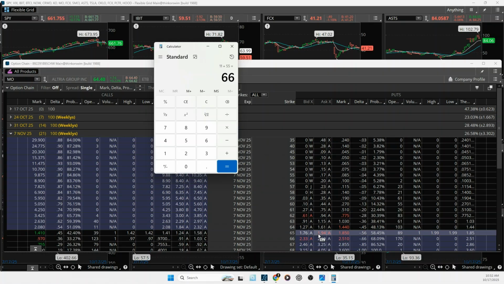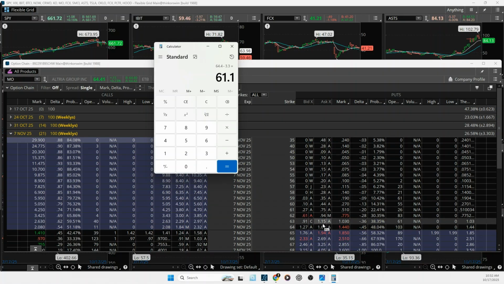It's a dollar less, and it's pricing in about a $3 move. So it's currently trading at 64.40 minus $3.30. So it's pricing in around 61 that it can move all the way down here.